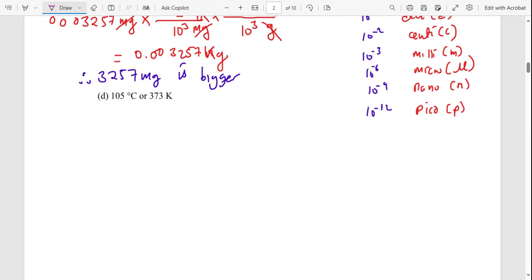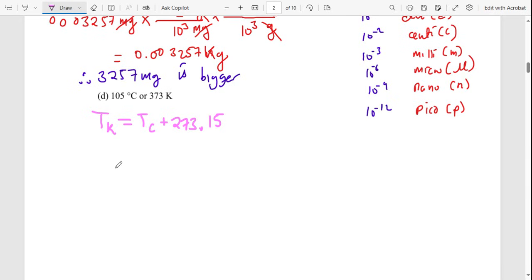Okay, and then we have this one, 105 degrees Celsius to 373 Kelvin. So you tell me again, should I convert Kelvin to degrees or degrees to Kelvin? You just need to know this. The temperature in Kelvin is basically the temperature in degrees plus 273. For some, it will tell you 273, for others 273.15.